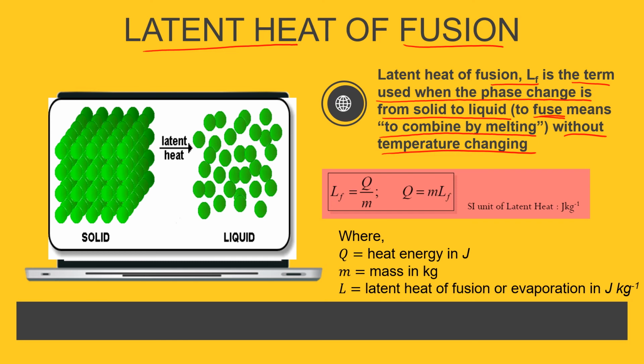Okay, so LF is equal to Q over M. So unit untuk latent heat adalah joule per kg. So Q is the energy, joule. M is mass. That's why unit dia adalah joule per kg. Okay, so L is equal to latent heat of fusion or evaporation.